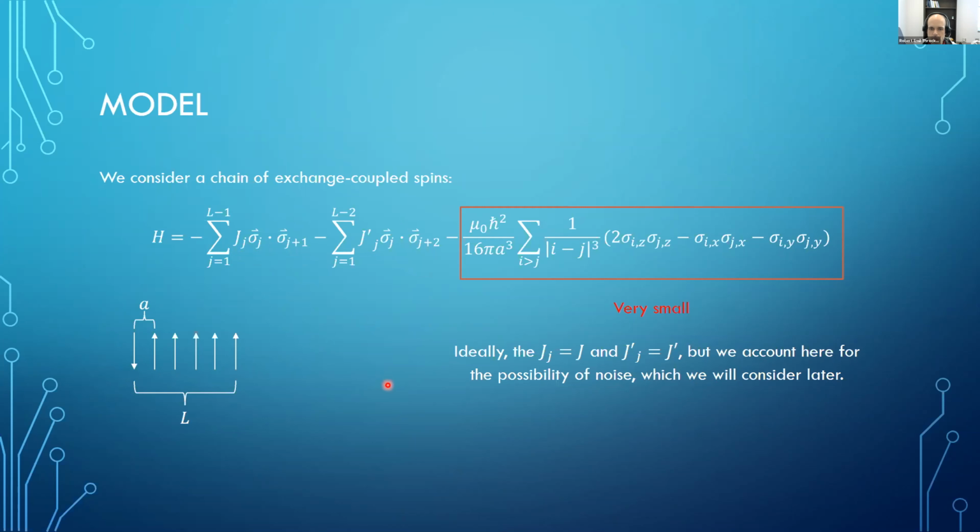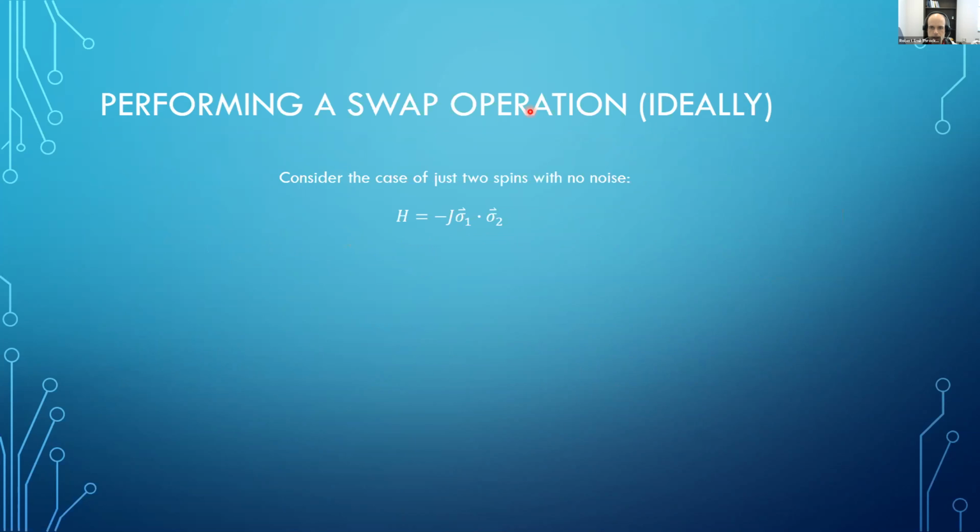So in order to perform a swap operation on two of these qubits, it'll always be on nearest neighbor qubits. Let's first consider the case of just two spins with no noise. All we have here is just Heisenberg exchange coupling between the two.